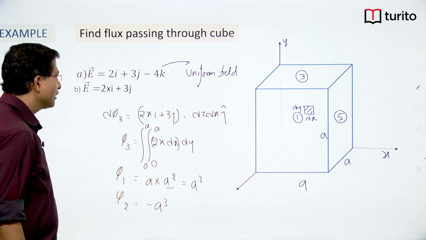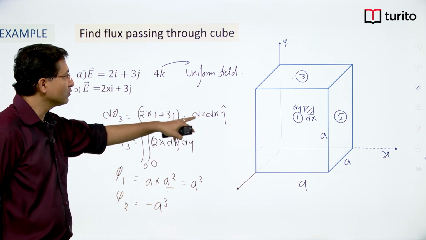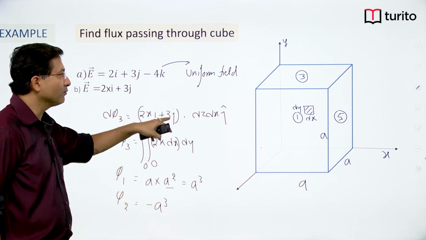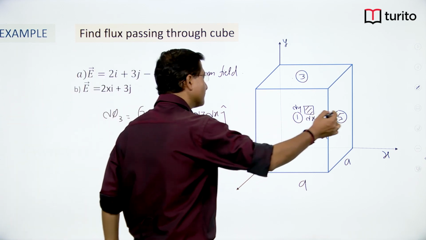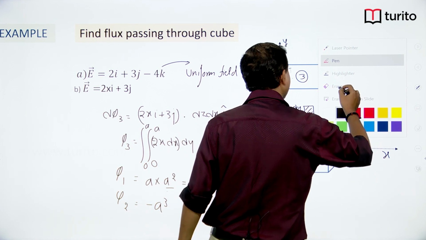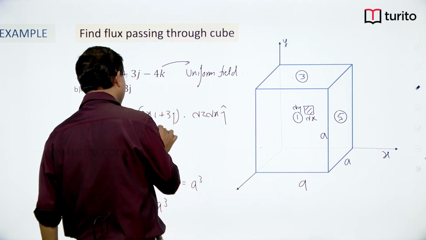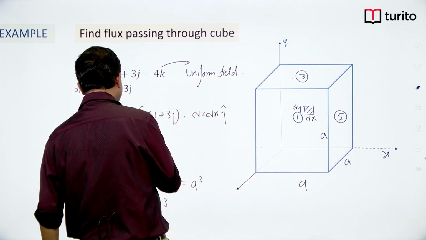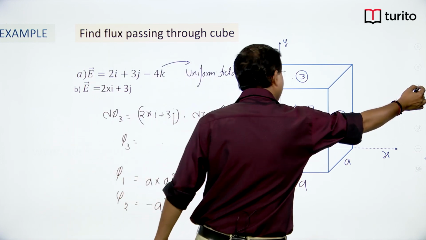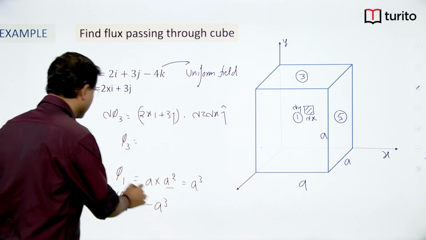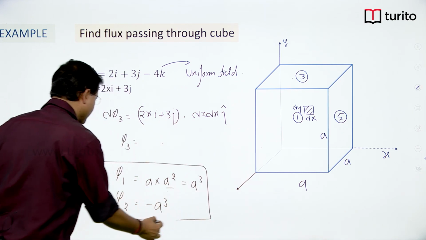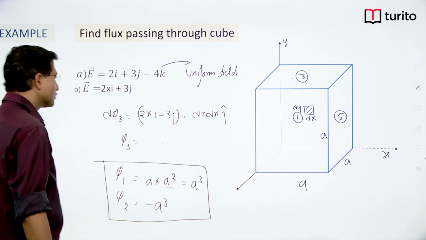If I do the dot product, then j dot j will be 1, j dot i will be 0. Now, we are calculating phi 3.